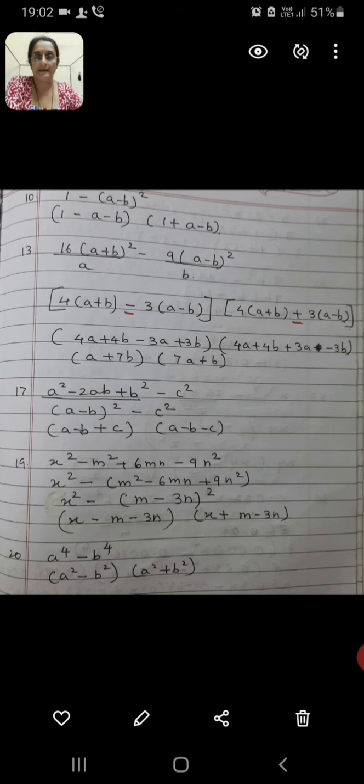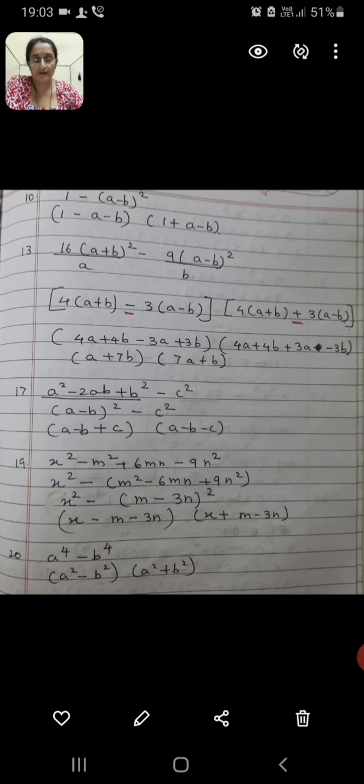Let us go to the next one, that is the 19th one. x square minus m square plus 6mn minus 9n square. Here also you won't get a direct answer. We have to take it into two groups. The second group I have done with minus m square plus 6mn minus 9n square, which is minus (m square minus 6mn plus 9n square).